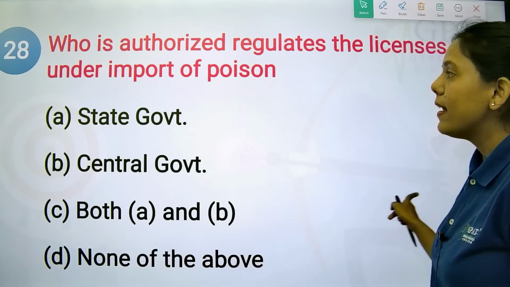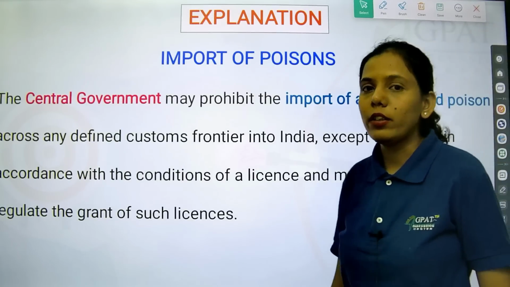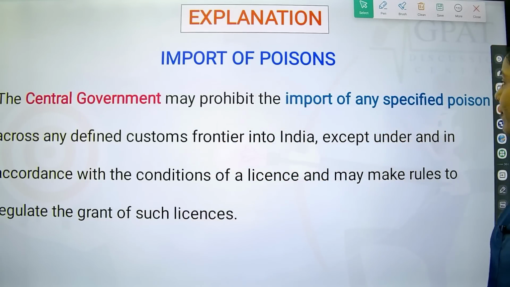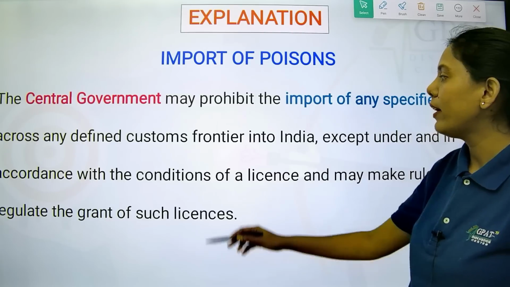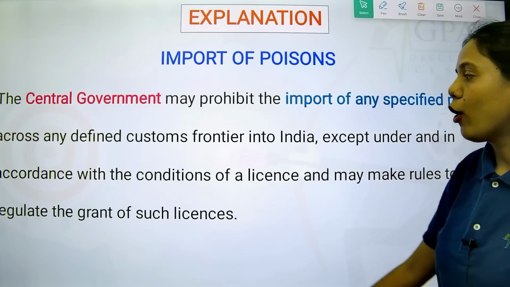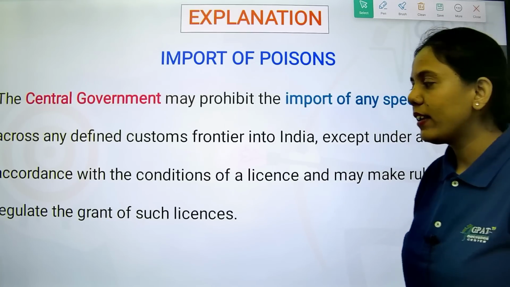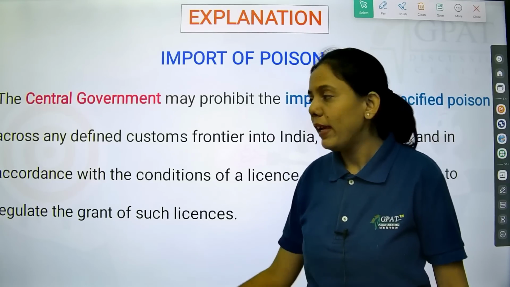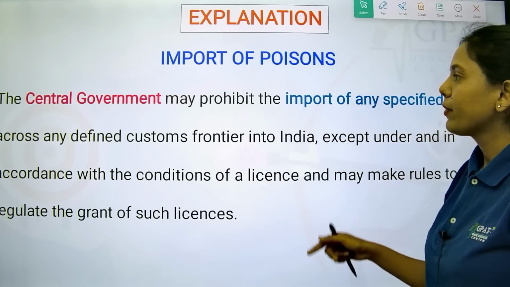The central government has the authority, so it may prohibit the import of any specified poison across any defined customs into India except under and in accordance with the conditions of a license, and may make rules to regulate the grant of such license. So the central government has the authority to make the rules to regulate the grant of such license.